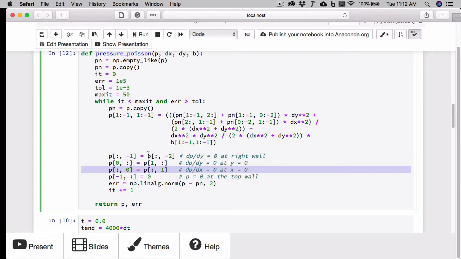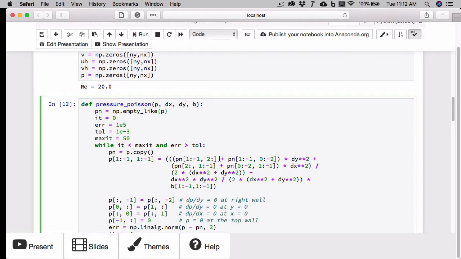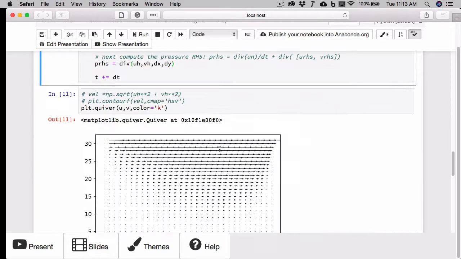This is just a different way of doing it. But the point is that this solves del squared p equal b. Okay. So this is the pressure Poisson.